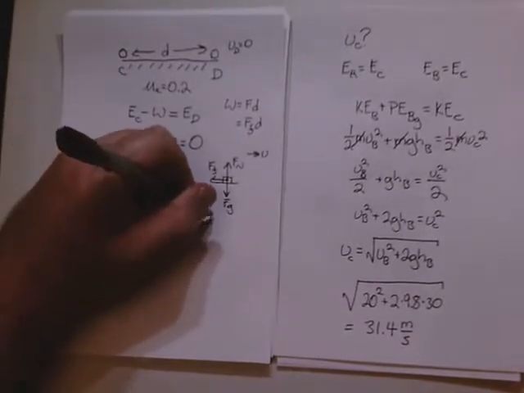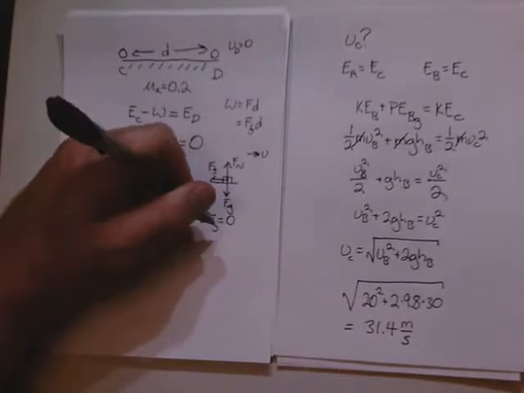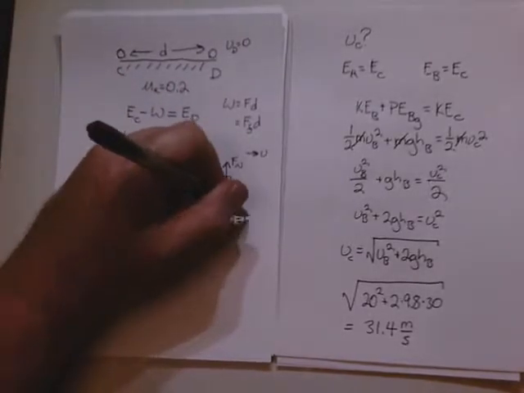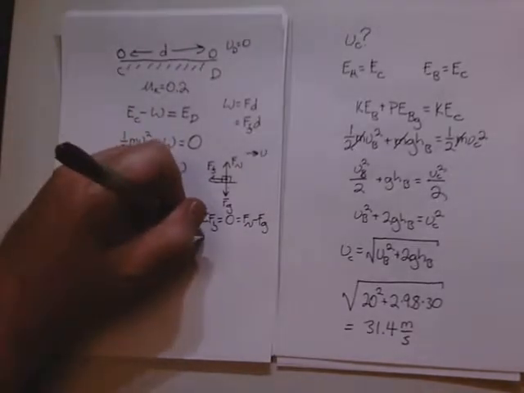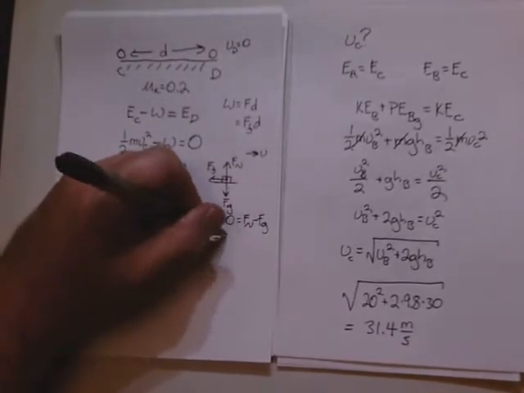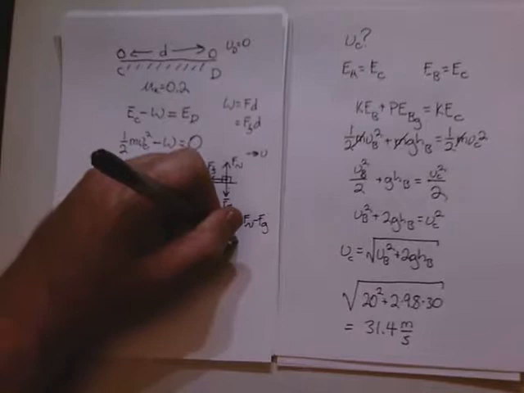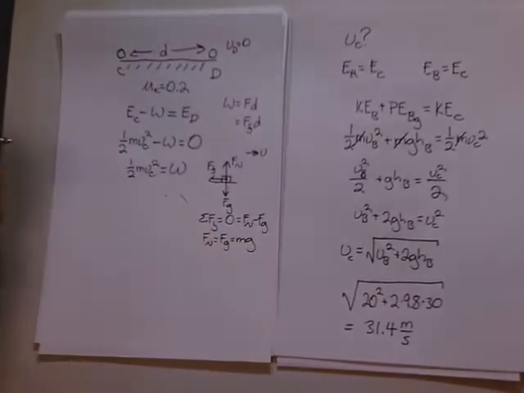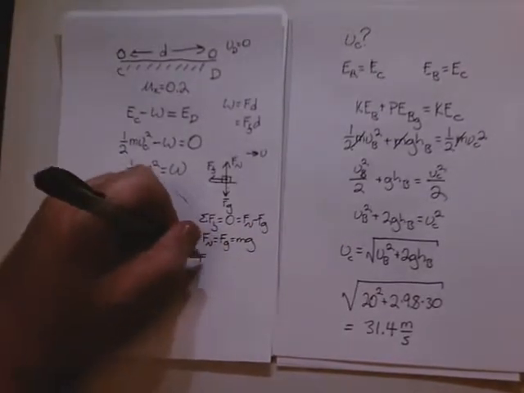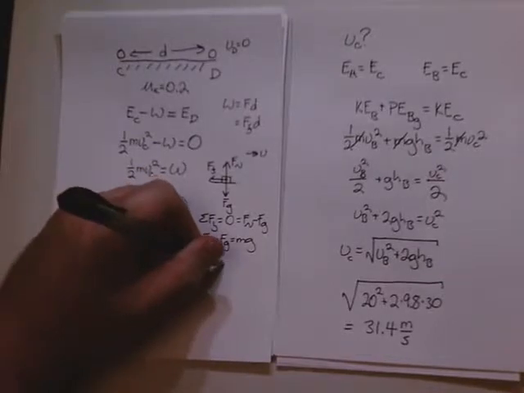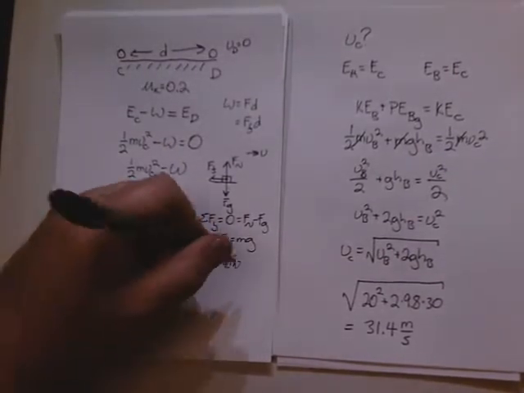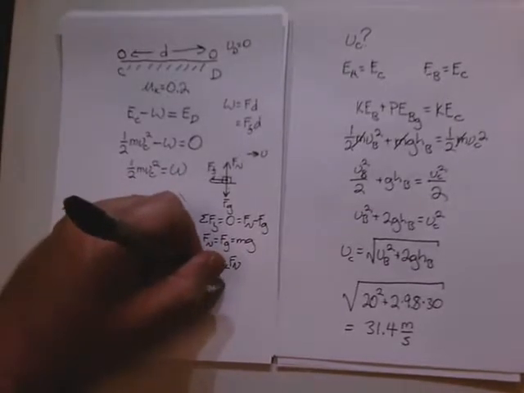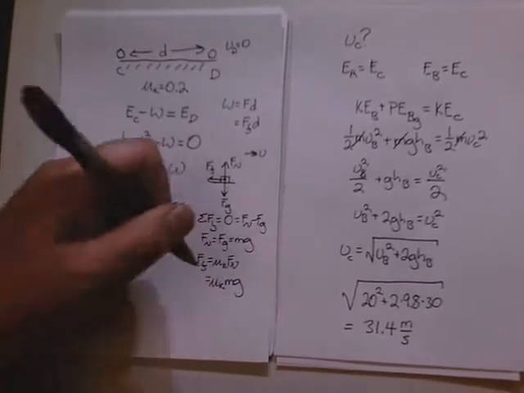Well, the sum of the forces in y is equal to 0, which is equal to normal force minus Fg. So the normal force is equal to Fg, so the normal force is equal to mg. The friction force is mu sub k times normal force, which is the definition. So this is mu sub k mg.